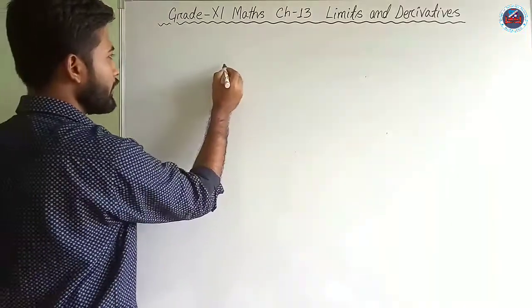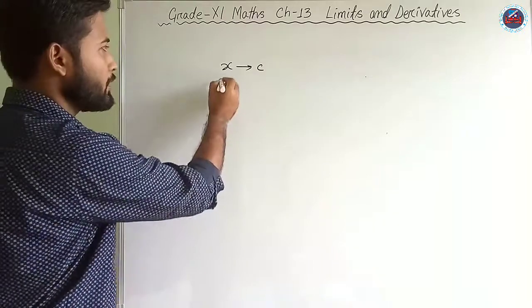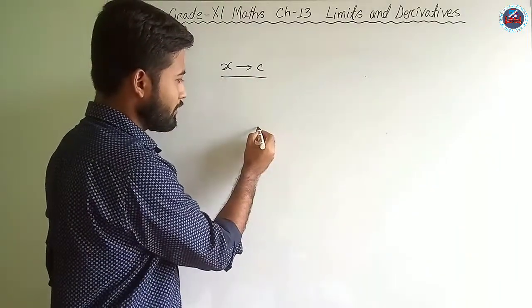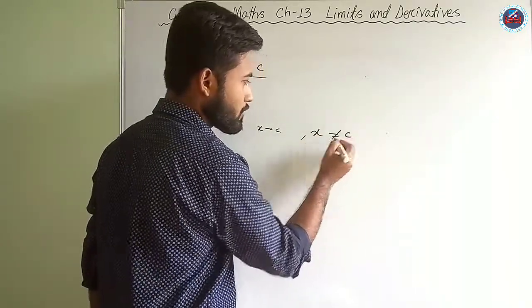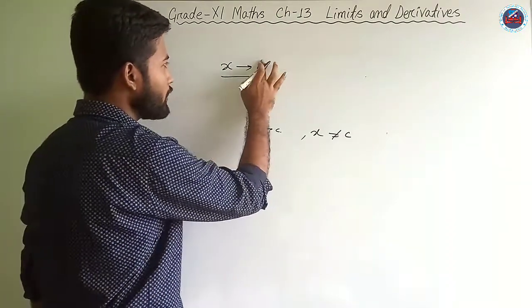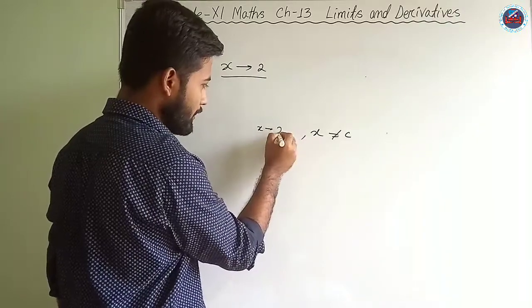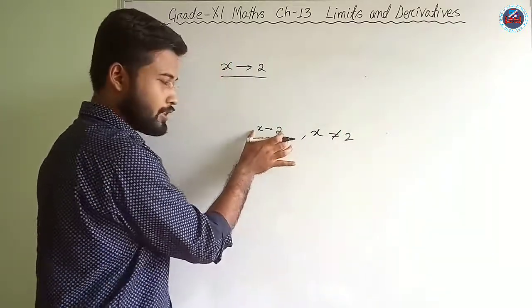When I write x tends to c, what does it mean? It means that x is nearing c, but x is not equal to c. Like if I replace c by 2, then if x is tending to 2, x is not equal to 2. But what does this mean?